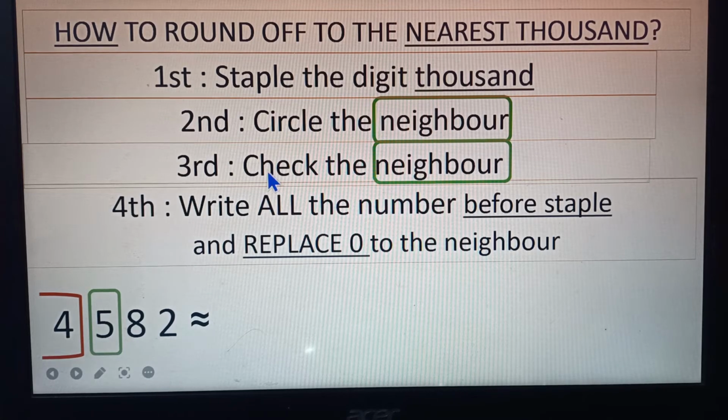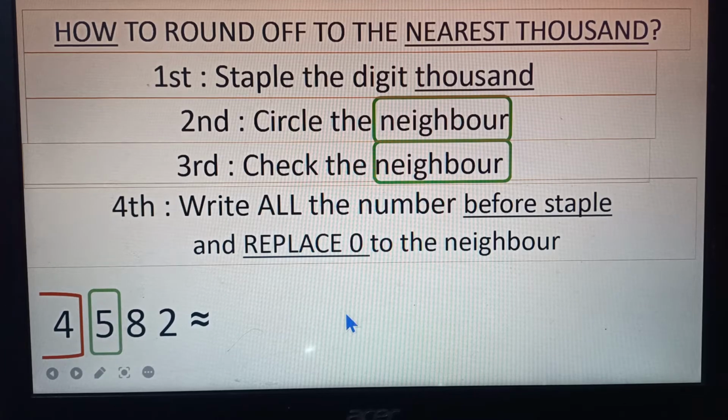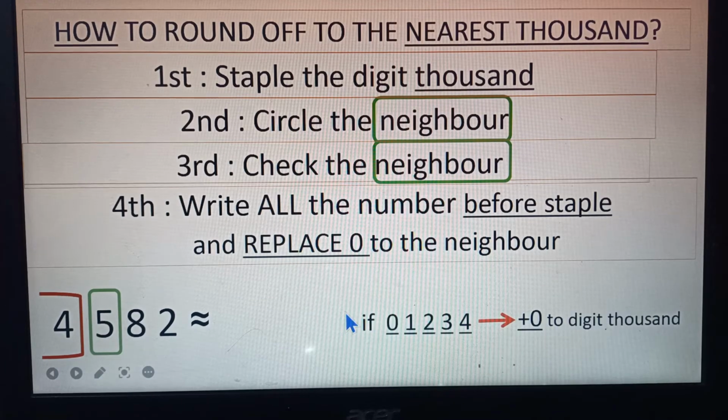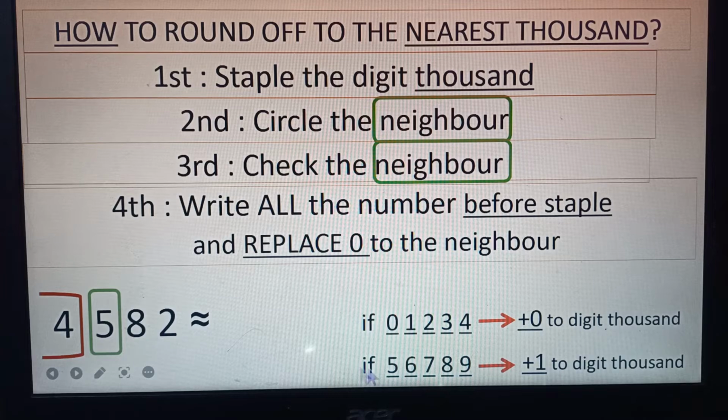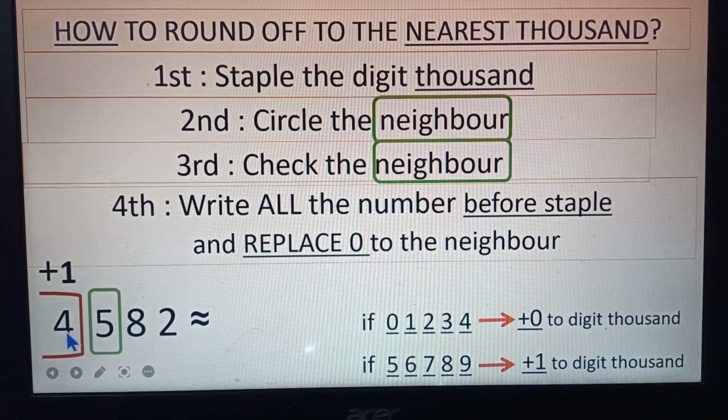And then the third step, check the neighbor. Check neighbornya yang tadi bulatkan. Is it more than or less than? Kalau more than, 5 is more than or equal to 5. So we add 1 arah atas staple itu. Okay, so what do you do next? Write all the numbers before the staple. Artinya tulis nombor yang sebelum staple. So we add first, 1 plus 4.